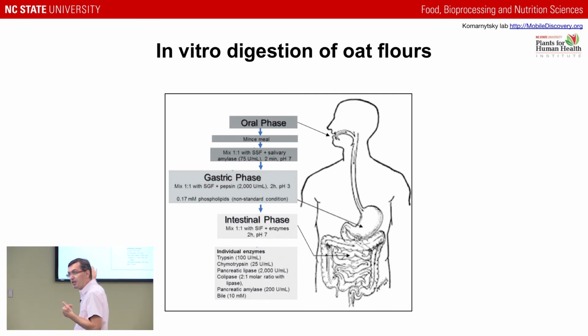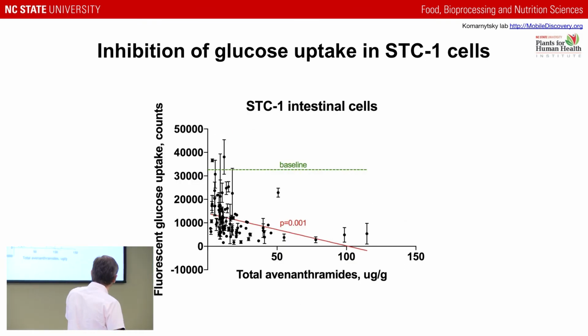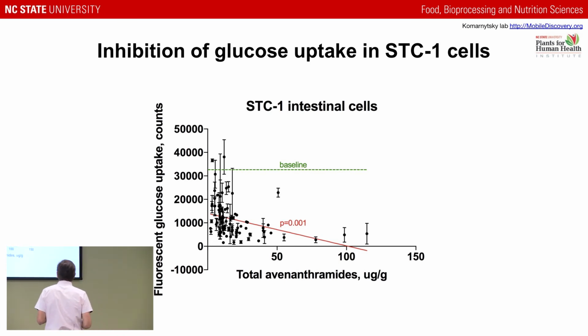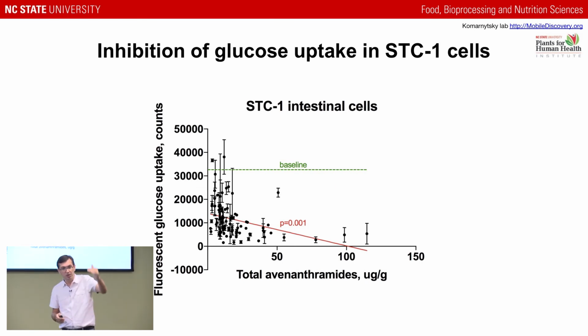And then we took those digests and we challenged the cells, the gastrointestinal cells that absorb glucose, with those digests. And this is what you see, right? This is a summary of most of the data from the experiments. Fluorescent glucose absorption, exactly the same assay, where you challenge the cells with a fluorescent glucose, so they absorb the maximum.